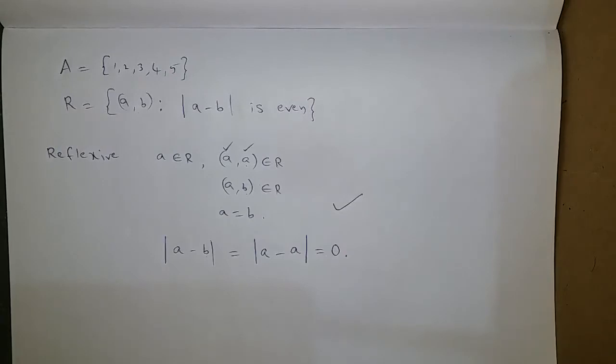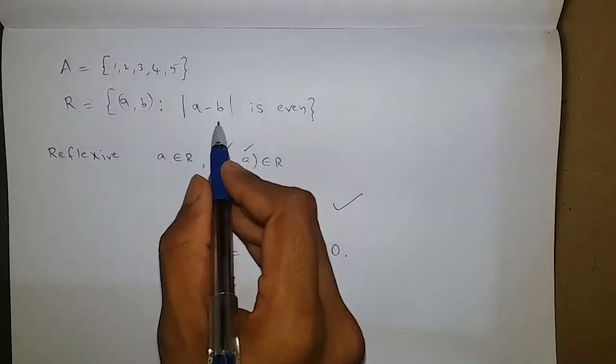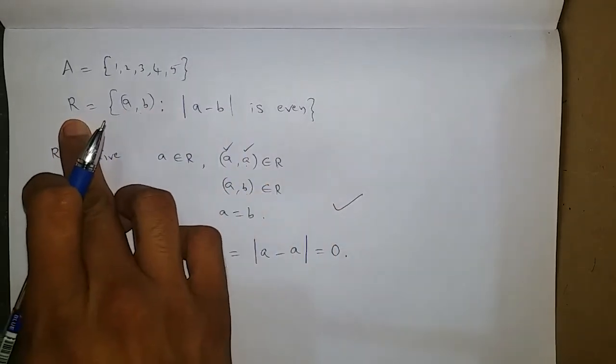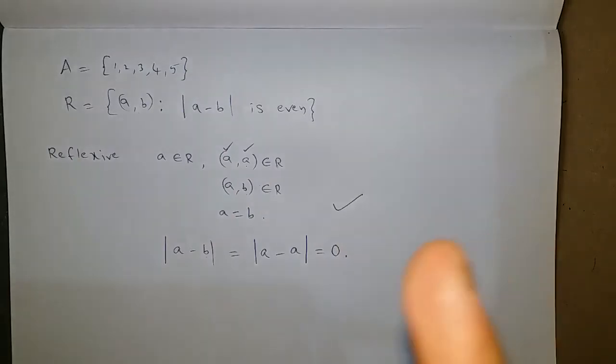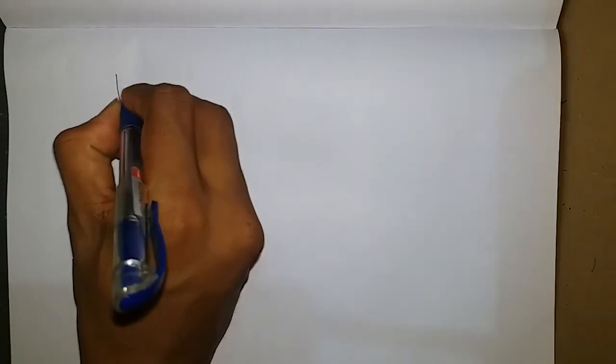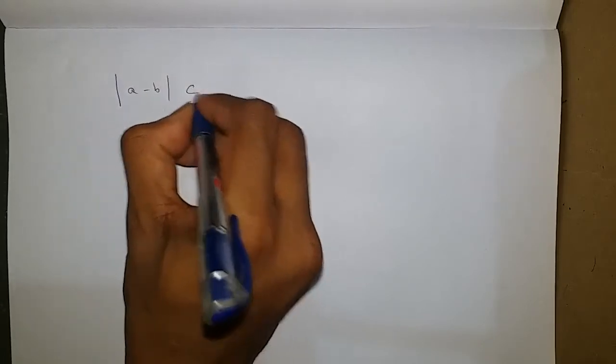Now let us check the symmetric condition. Here, modulus a minus b is there in the relation, then modulus b minus a also should be there in the relation.